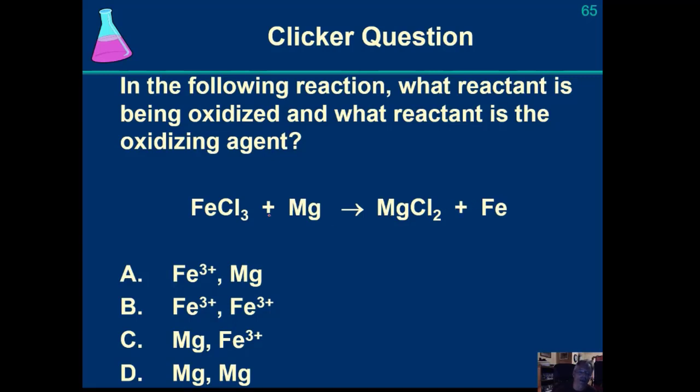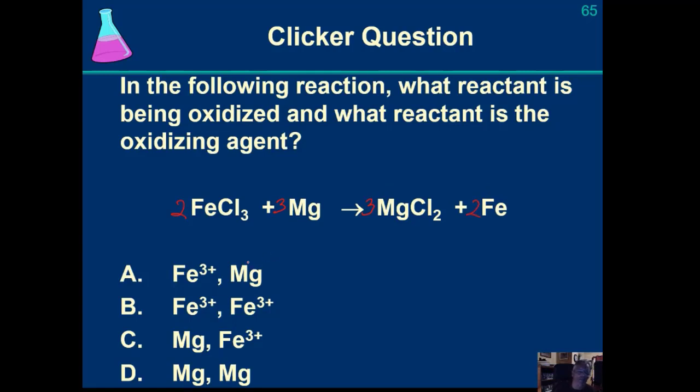My chlorides are the key to balancing this. I need to get 3 chlorides and 2 chlorides to balance. So I'm going to change this coefficient to 3 and this coefficient to 2 to get my chlorides to equal 6 on both sides. So that tells me I need 3 magnesiums and I need 2 irons. Now I'm all balanced up.